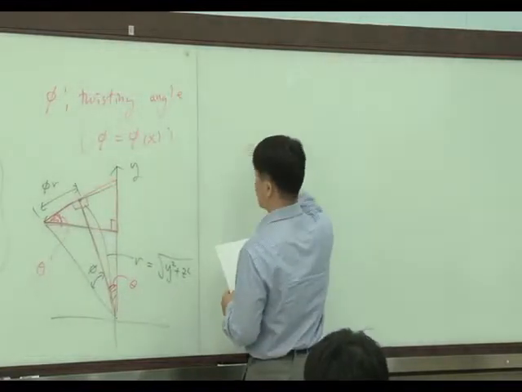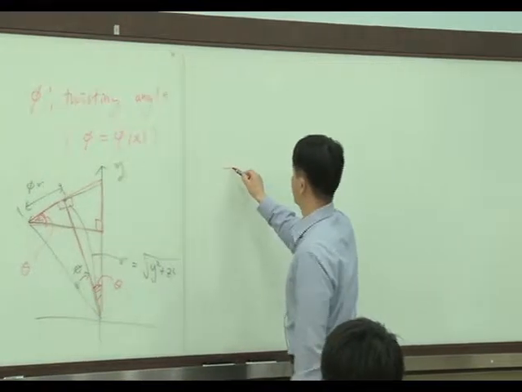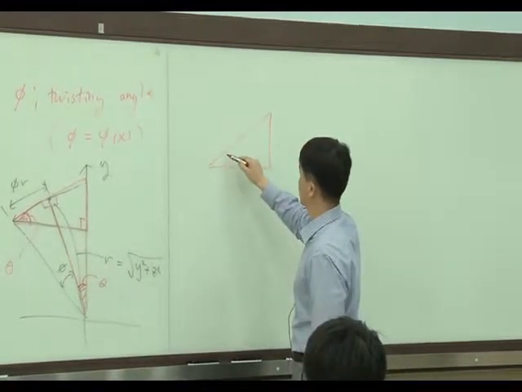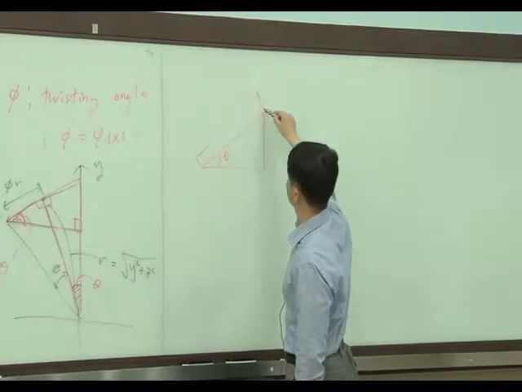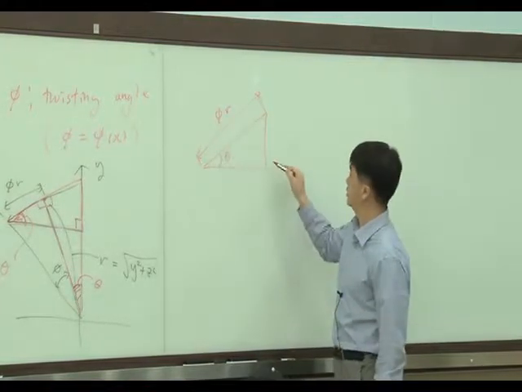So let's consider only this part here. Over there we can draw a triangle again. Here theta, from here to here, phi r.